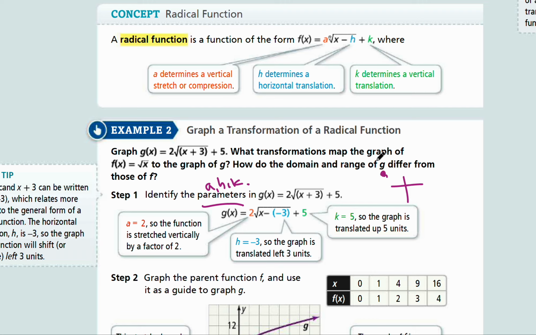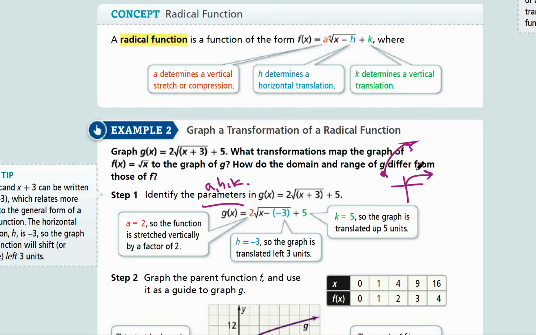So you can already picture negative 3 comma 5. Oh, it starts here. And your parent function starts here, right, from 0 comma 0. So there's a horizontal translation 3 units to the left, a vertical translation 5 units up, and then you have a vertical stretch by a factor of 2. So it may look bigger, like vertically.